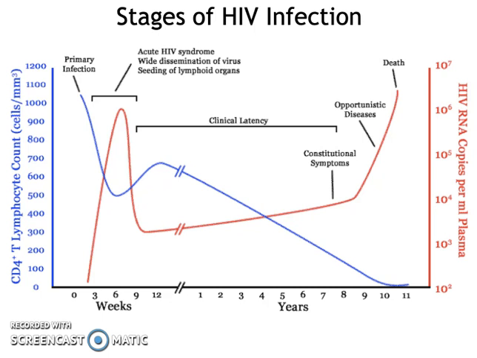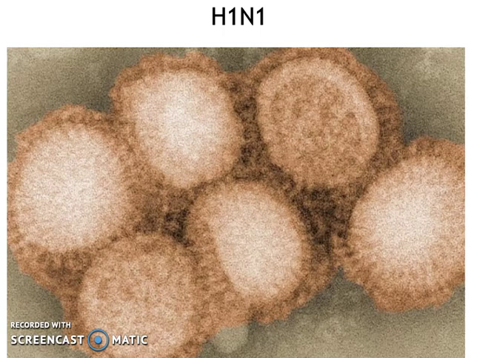We're now going to move on to an even more recent pandemic, which brings us back to the flu. In 2009, a flu strain known as H1N1, also at the time colloquially referred to as the swine flu, developed.